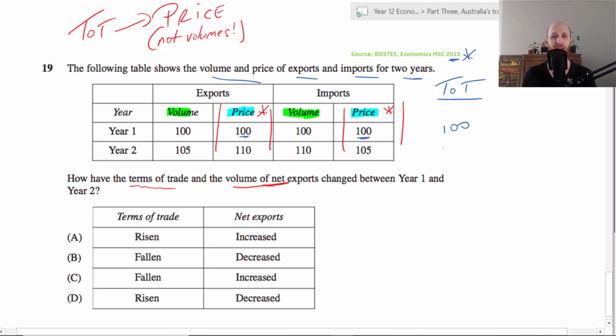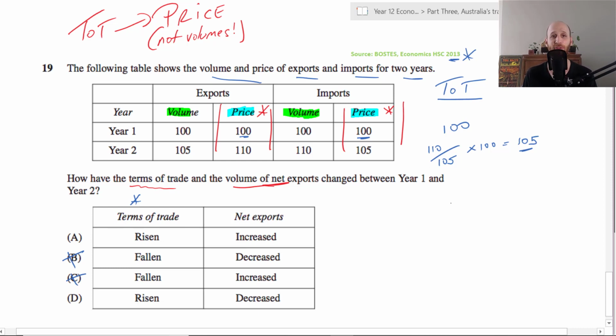For year 2, it's going to be 105. So what I can do is I can come down to this question and look at these terms of trade, and I know that the terms of trade has risen between year 1 and year 2. So all I've got now is to decide between A and D.